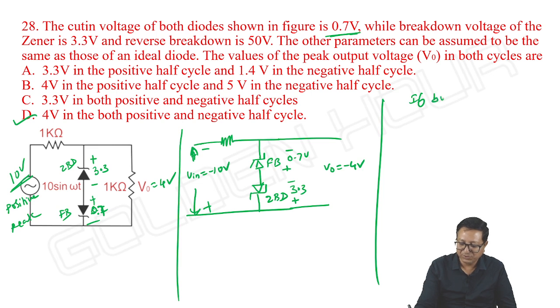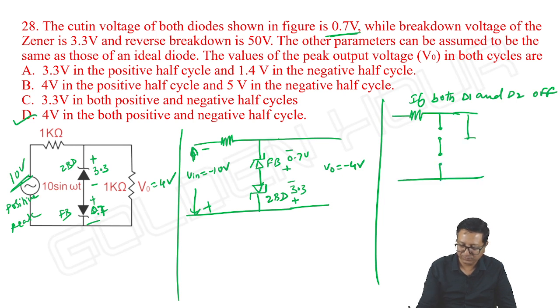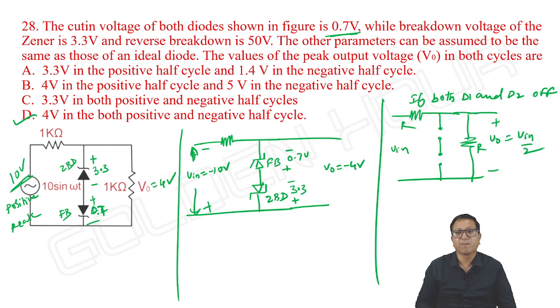Like if both D1 and D2 are off, then what is the output? Input by 2. Is it not so?